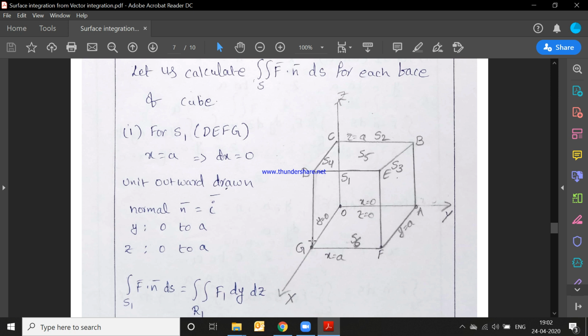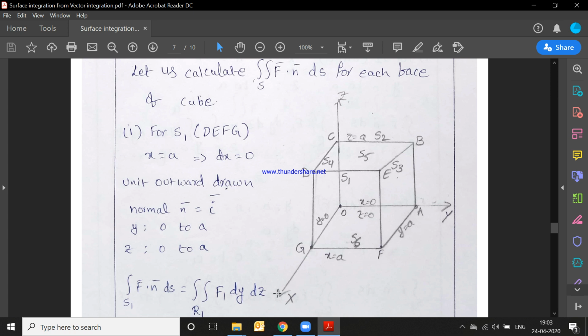The x value for this surface is a. So here you can clearly see that the x value is a, and the z limits are 0 to a. That is considered as the height, and the width is 0 to a.